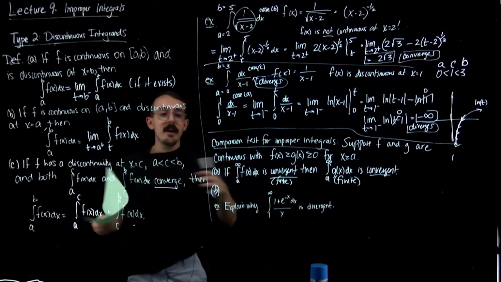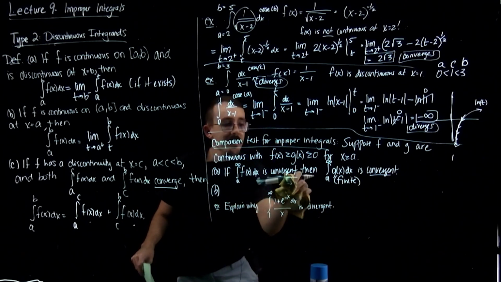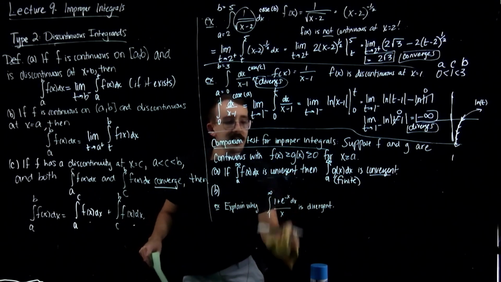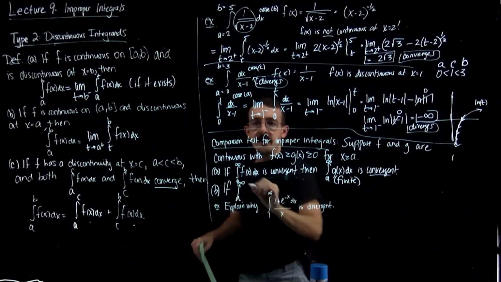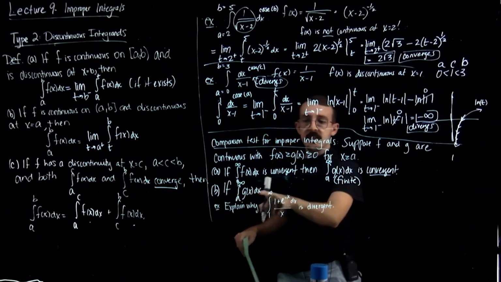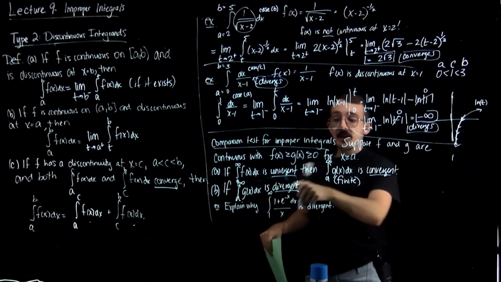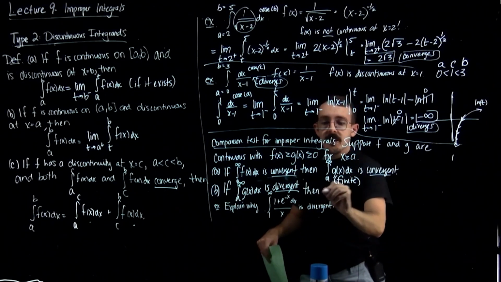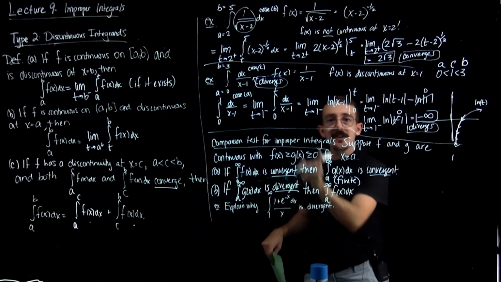Now we could flip that around, just flip it on its head, and we could say the following thing. And you could probably already guess what I'm going to say. Let's talk about divergence. So if the integral from a to infinity of the smaller one, g of x dx, if that one diverges, i.e. if it's already too big, then the integral from a to infinity of the larger one, if you're larger than something that's already too large, you're too large.